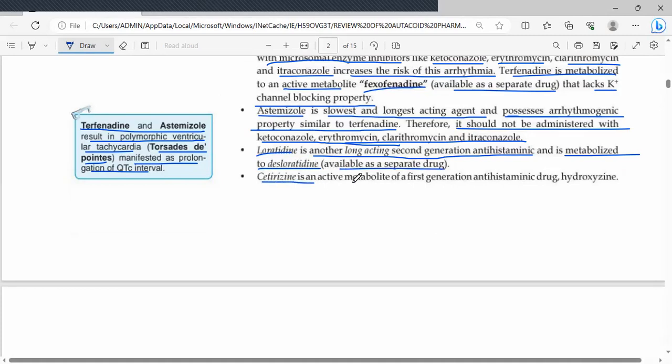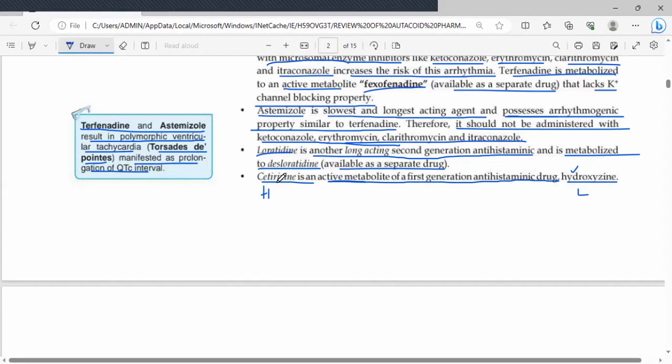Now, cetirizine is the active metabolite of the first-generation antihistaminic hydroxyzine. Remember, I told you hydroxyzine is a strongly sedating first-generation antihistaminic. Its active metabolite is cetirizine, which now is the second generation. So hydroxyzine is lipophilic. Cetirizine is hydrophilic.